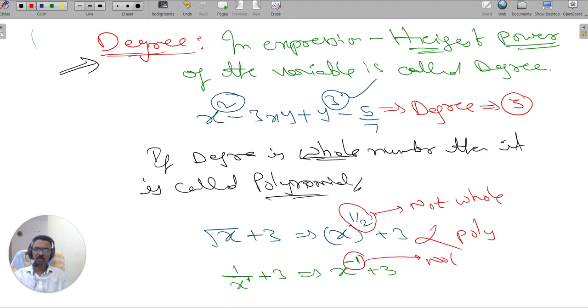It is also not a whole number. Therefore, this is also not a polynomial. This is about degree: the highest power should be a whole number, otherwise it is not a polynomial, no discussion about that.